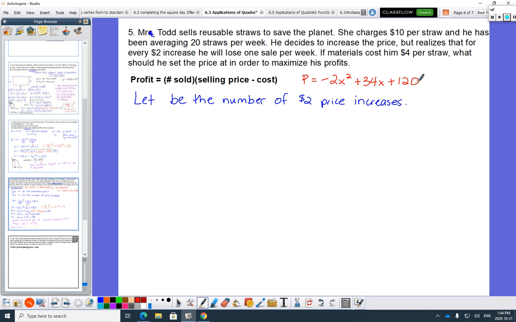Oh, sorry, X. Thank you. You can use whatever you want, but most people prefer X, okay? The only reason why that really matters is, again, when we go to interpret our answer at the end, you have to make sure you're increasing the price based on the number of price increases by $2.